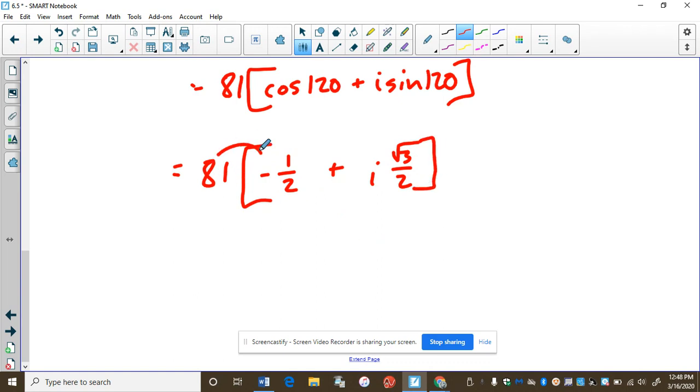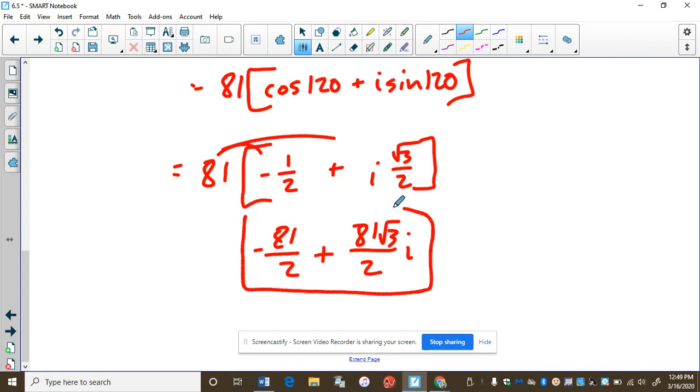And then I would multiply 81 times both of these, -81 over 2 plus 81 radical 3 over 2 with an i, right? When I multiply a whole number like this times a fraction, I only multiply it times the top. So that's why I have the 81 here and here. I can put a box around this. Just a reminder, this is standard form, right? And up here we have polar form.